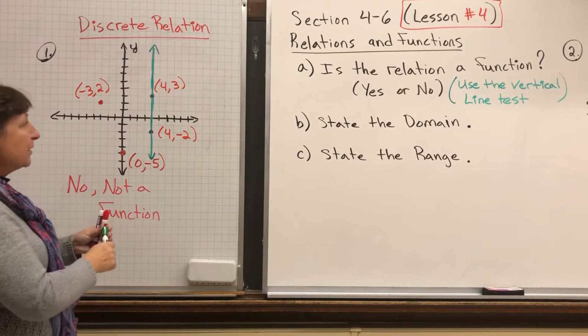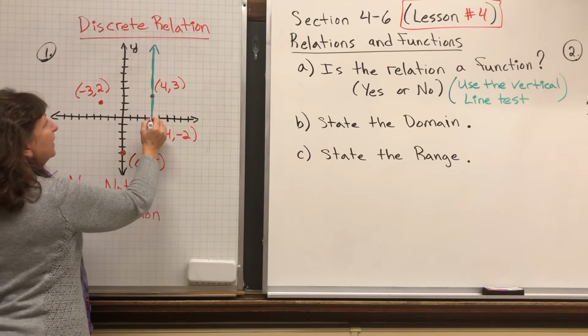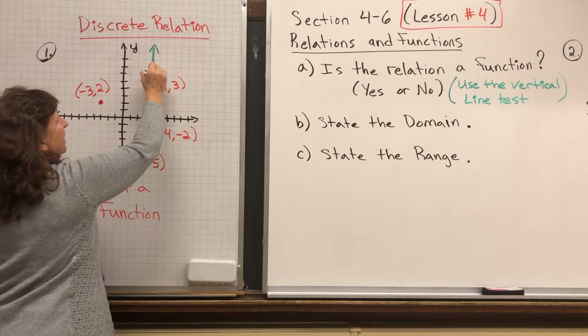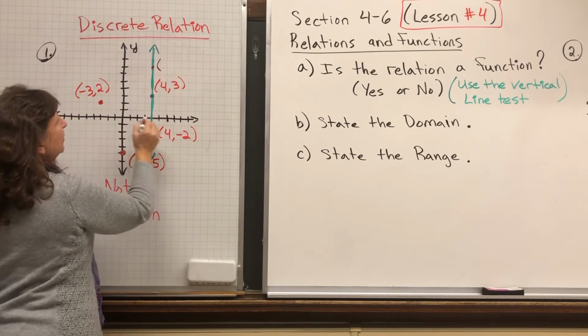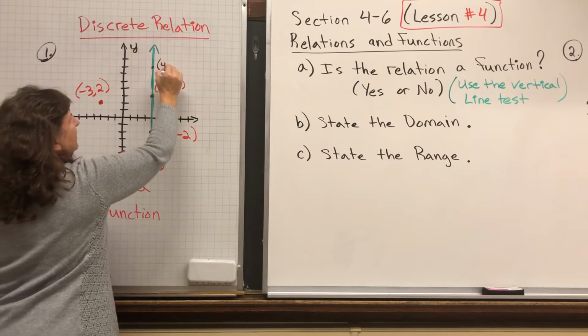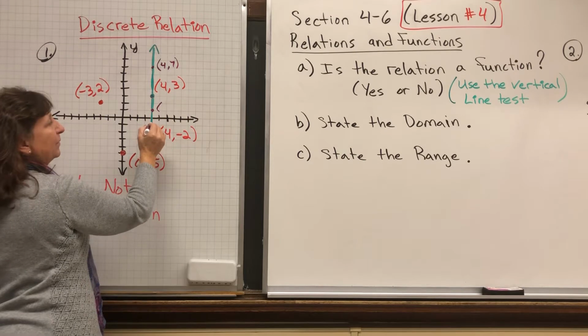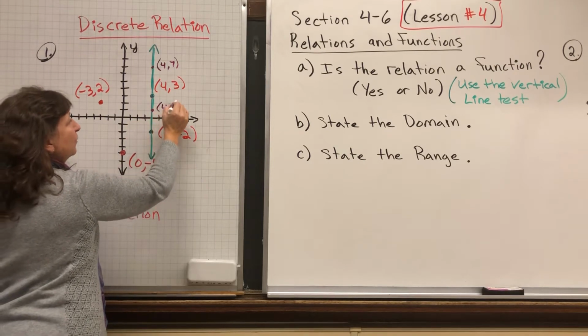If you wanted to put some more points on this line, this would be 4. If I add in a point right there, this would be 4, 2, 4, 6, 7. And if I wanted to add another point here, the ordered pair associated with that would be 4, 1.